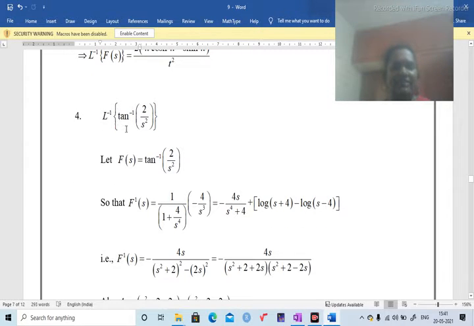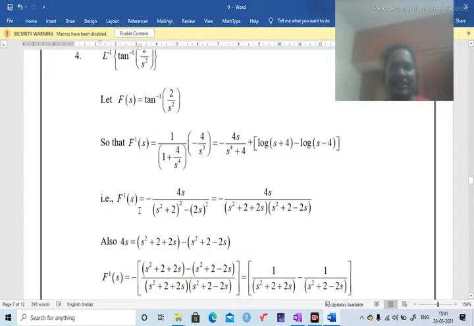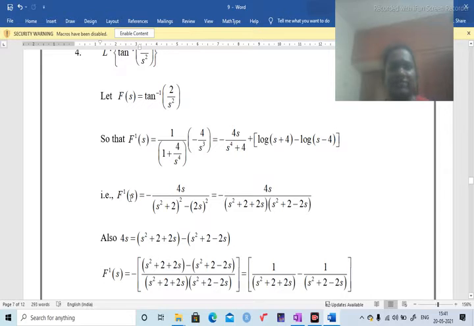L inverse of tan inverse of 2 by s square. F of s is tan inverse of 2 by s square. Find out f dash of s and simplify. Then you are going to get f dash of s equal to like this. But 4s is equal to the difference of these two terms.